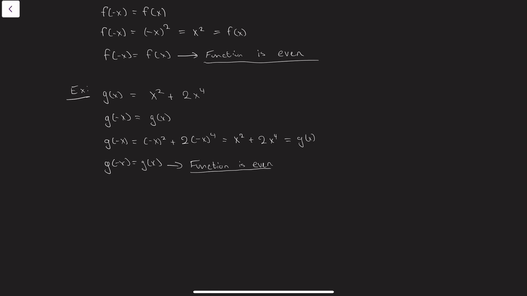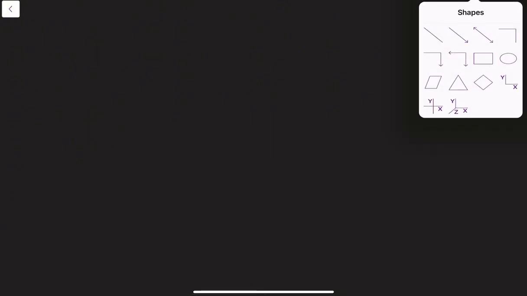Very straightforward. Let's talk about one of the properties of even functions. Okay, I'm going to draw f of x is equal to x squared, because we've seen that that's already an even function. This is the graph of f of x is equal to x squared.